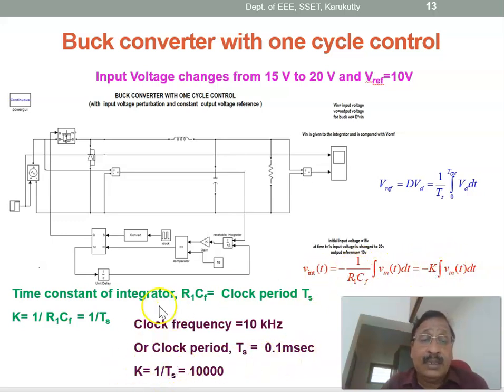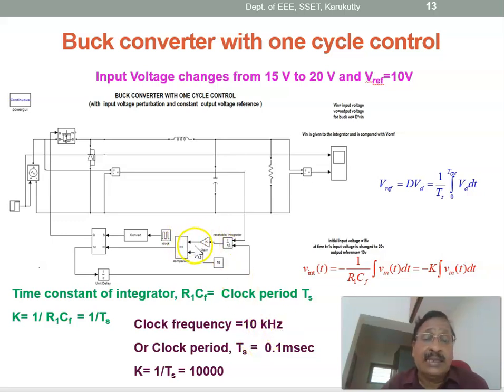The constant K is nothing but 1 by R1Cf, which is 1 by the clock time period of 0.1 milliseconds, equal to 10,000. Therefore, we are selecting this constant as 10,000, since we are selecting the clock frequency as 10 kilohertz.